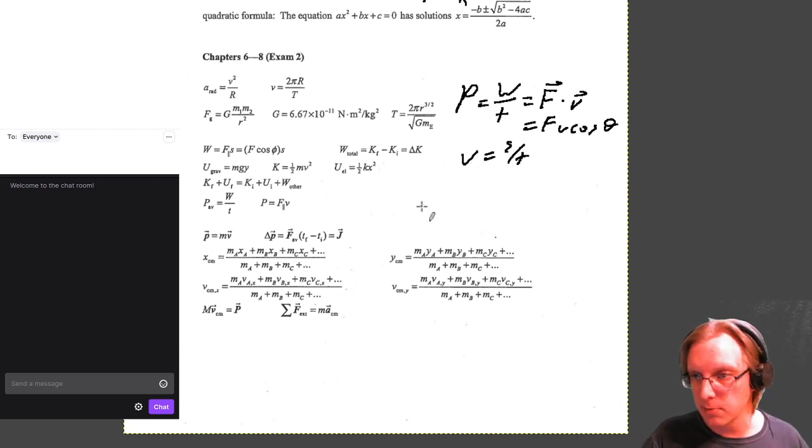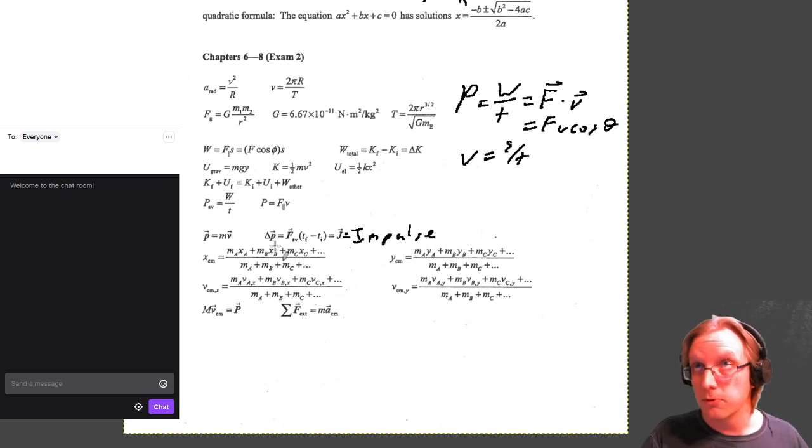And then we have momentum. So momentum is equal to m times our velocity. A change in momentum is an impulse. This is impulse here.